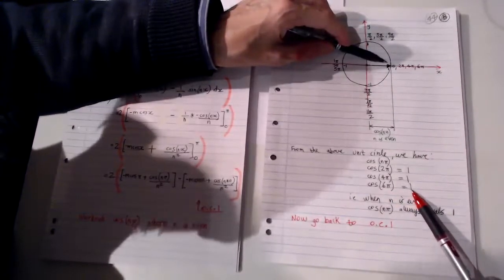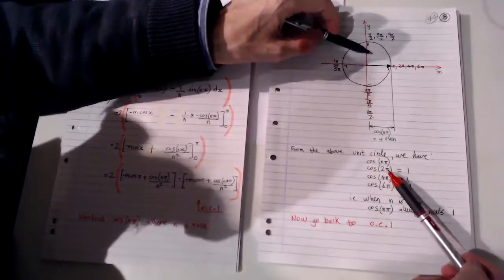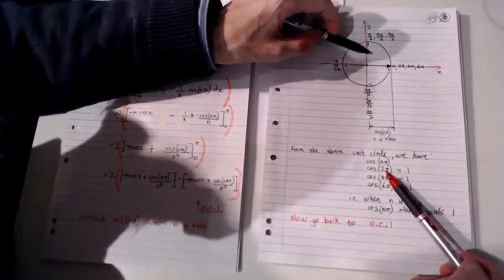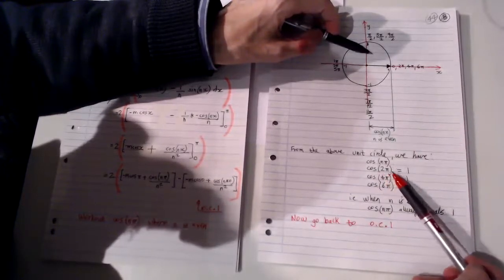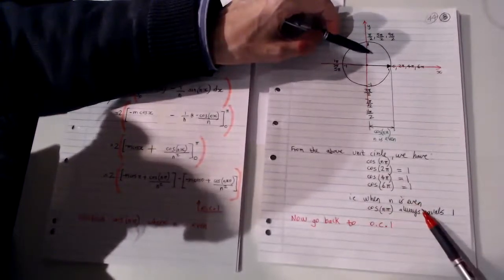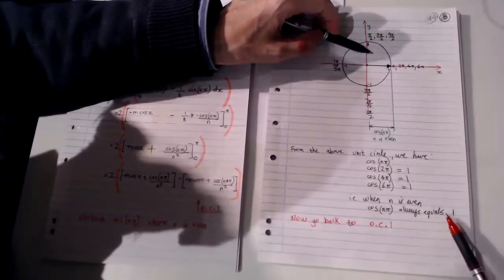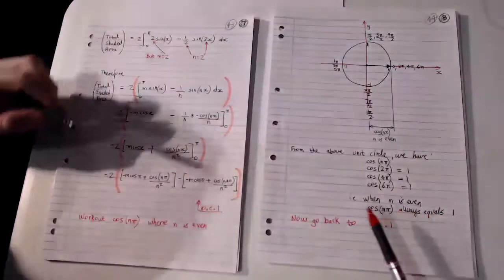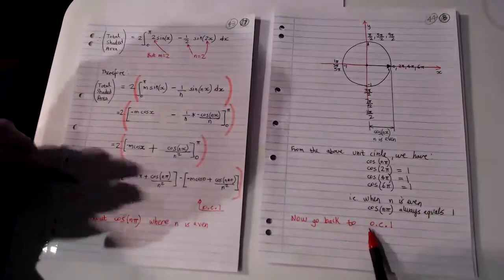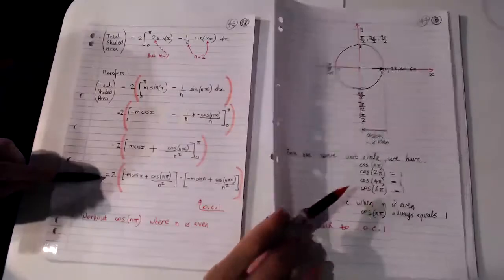So therefore, we can conclude from these observations that every time n is even, cos n pi is always 1. That is, when n is even, cos n pi is always equal to 1. So knowing that, we can now go back to overall calculation 1 and do the following.